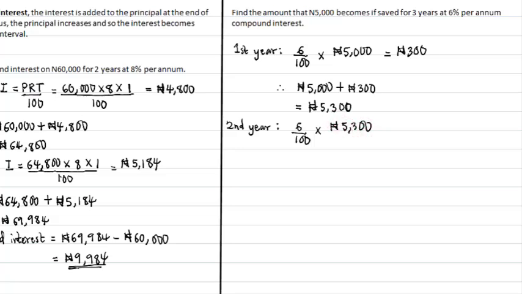Doing this, we arrive at 318 naira. So now you add 318 naira plus our amount here. The amount for this year will be 5,300 plus 318, which gives us the total amount of 5,618.